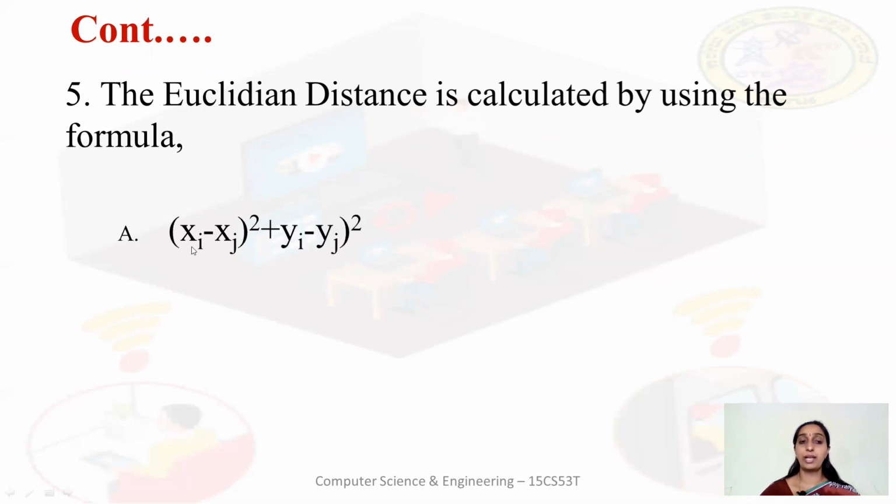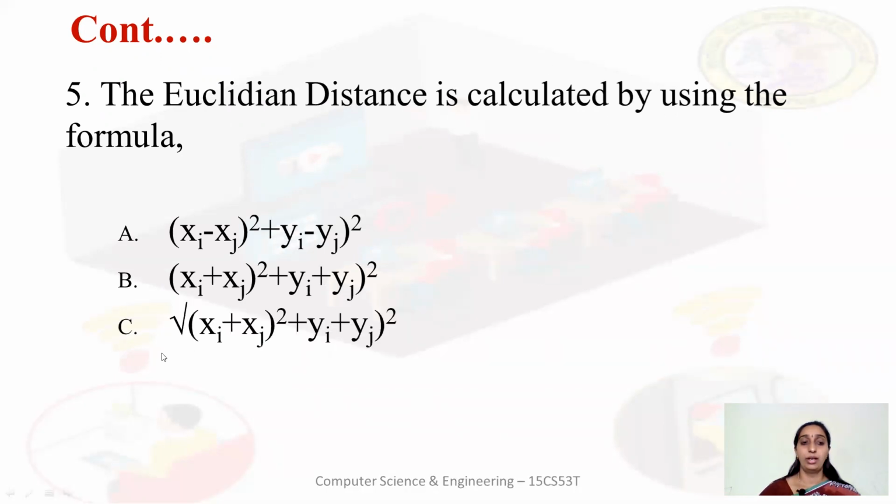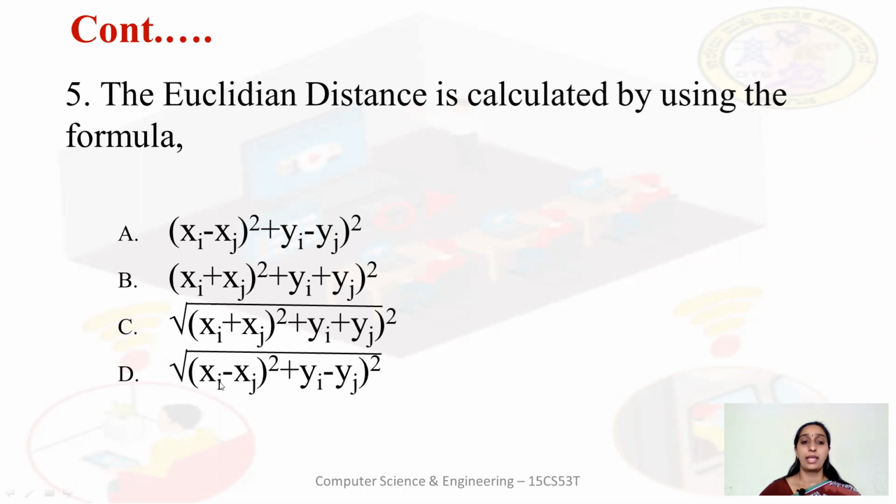Whether the Euclidean formula is xi minus xj whole square plus yi minus yj whole square, or xi minus xi plus xj whole square plus yi plus yj whole square, or it is square root of xi plus xj whole square plus yi plus yj whole square, or square root of xi minus xj whole square plus yi minus yj whole square.